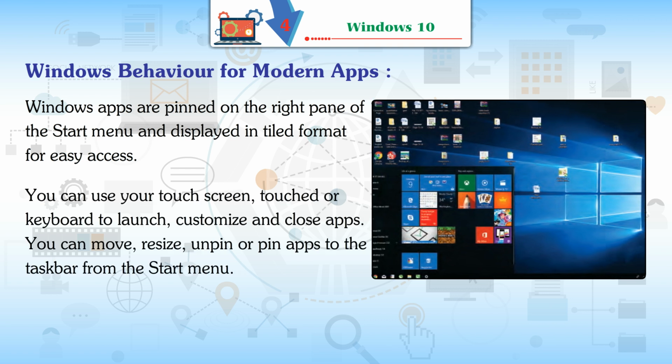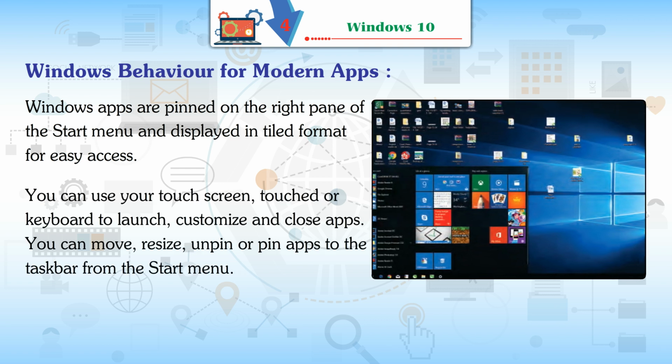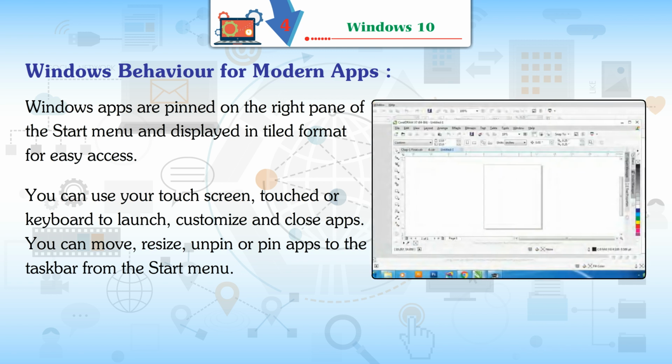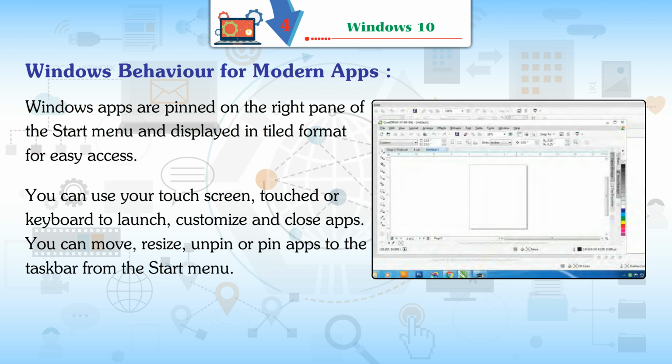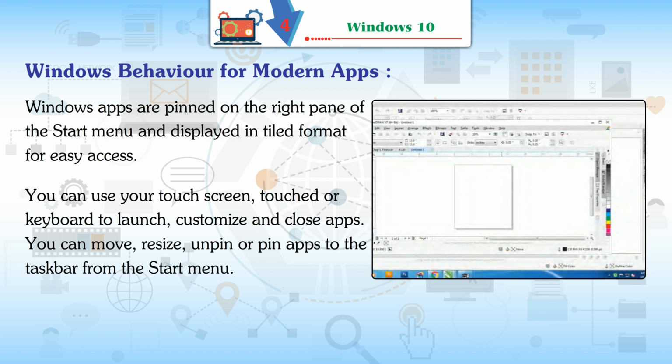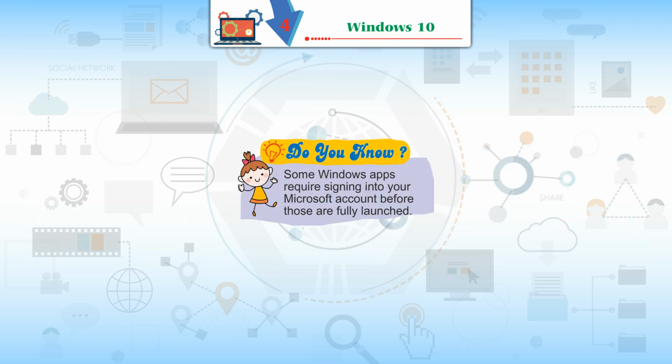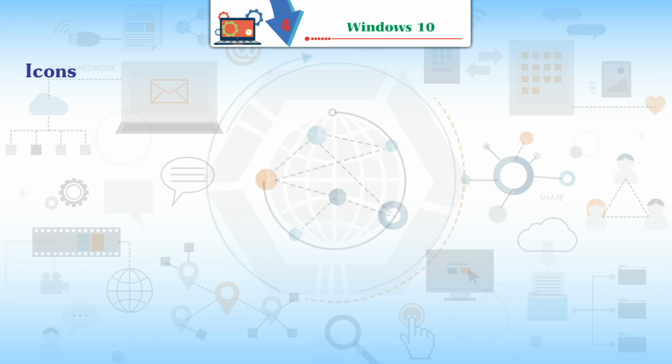You can use your touchscreen, touchpad, or keyboard to launch, customize, and close apps. You can move, resize, unpin, or pin apps to the taskbar from the Start menu. Do you know? Some Windows apps require signing into your Microsoft account before they are fully launched.